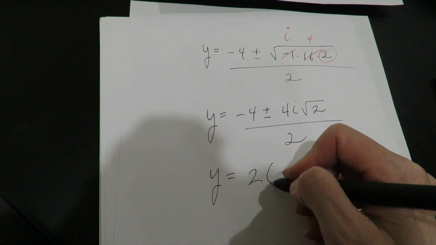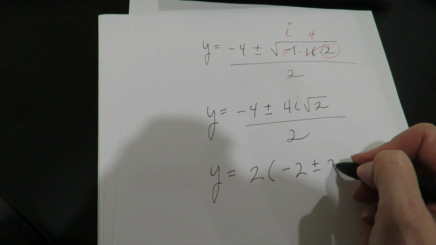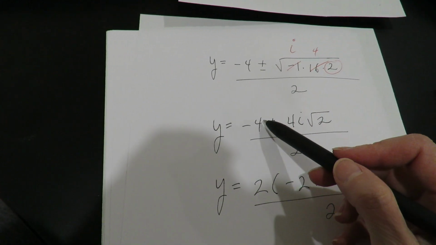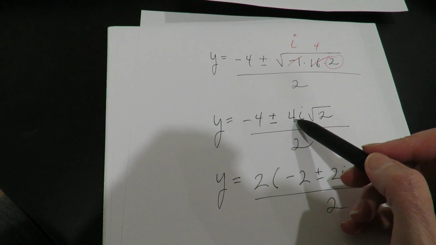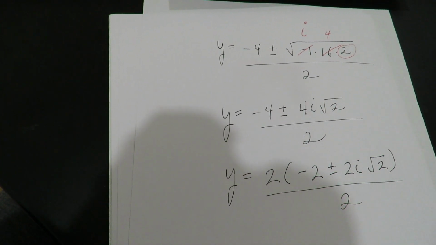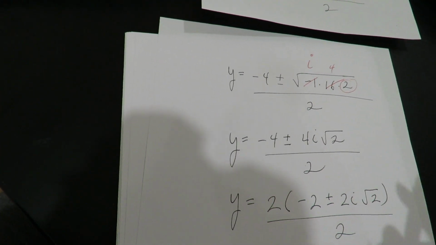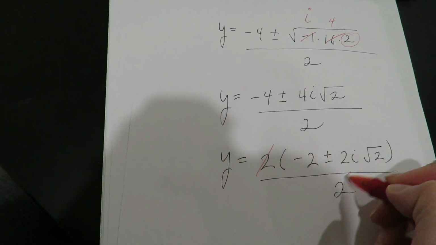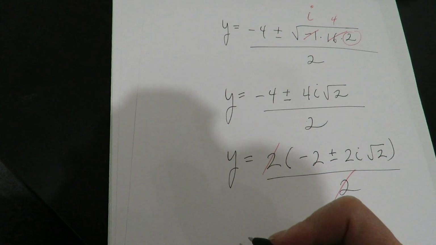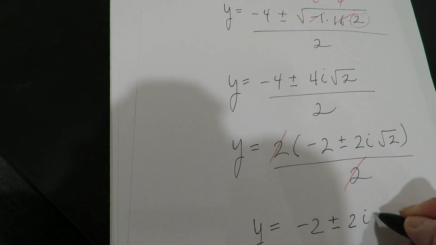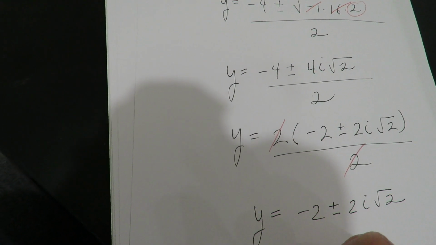This has a common factor, so it has to be reduced. You have to factor out a 2 out of here and a 2 out of here, and that creates that. I know you could factor out a 4, so if that got you confused, you can factor out a 4. It's just that I want to get rid of this. If you factored out a 4, that's absolutely correct, because there are 2 ways to actually write the answer. So that's the first way.